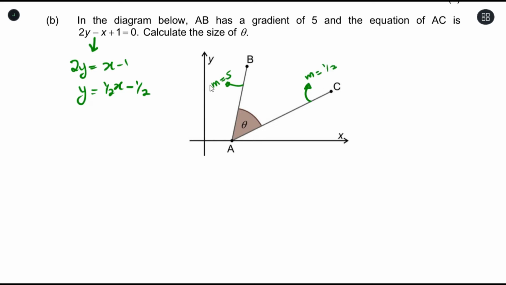Okay, so they ask us to calculate the size of theta. Now, whenever you're asked to find an angle and you're given gradient, the best thing to do is use angle of inclination, right? And the formula for that is m is equals to tan theta.